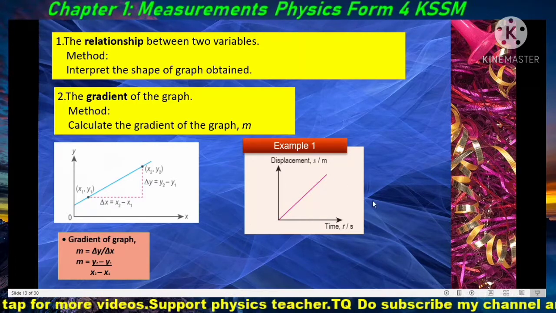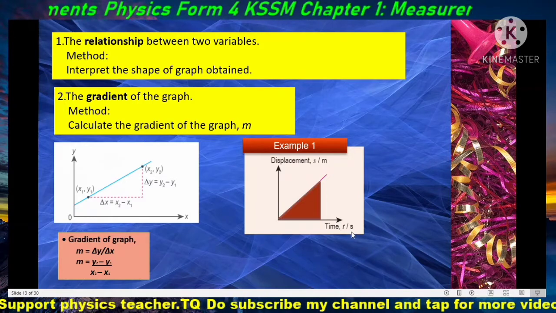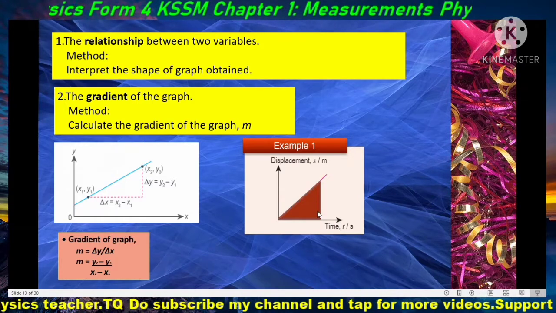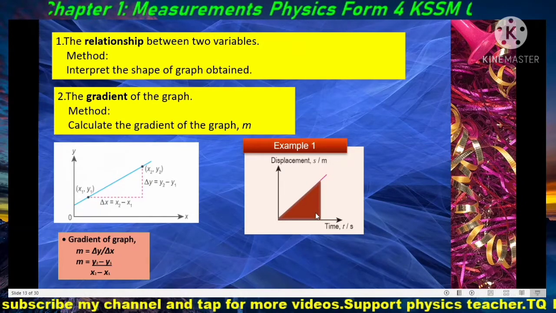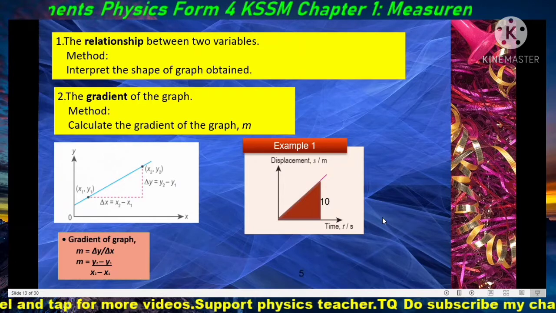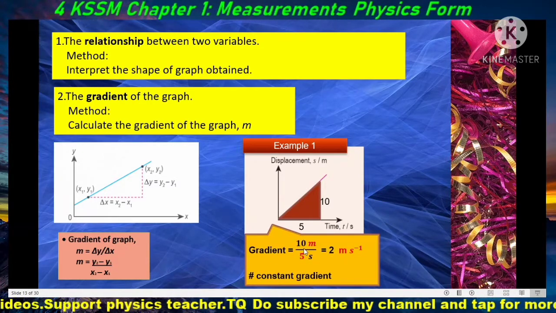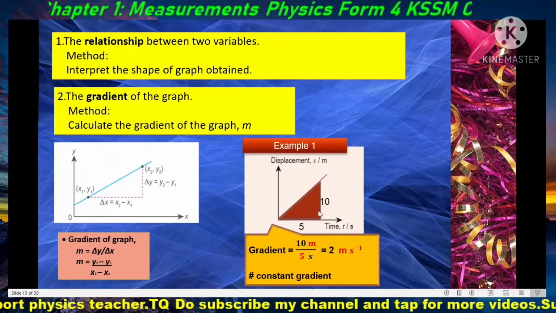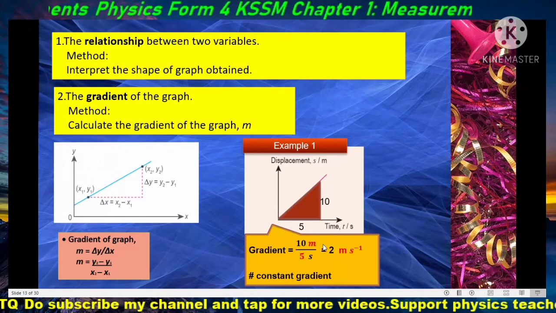Look at this example. Let's say we have a displacement against time graph. The first step is to draw a triangle below the line. Let's say the height of the triangle is 10 and the width is 5, thus the gradient equals 10 over 5. 10 is the height, and you can see the unit here is meter, so 10 meter.